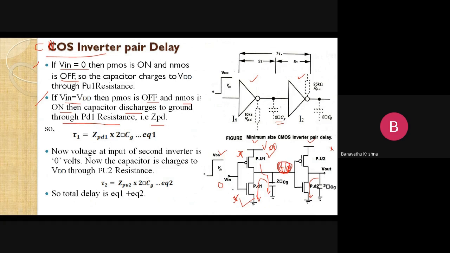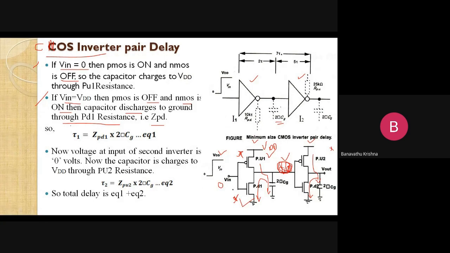That 0 will be applied at the second inverter, then the pull up transistor is going to be on and the pull down transistor is going to be off. So then the capacitor is going to be charged towards VDD through this pull up transistor. For the first case here, the capacitor discharges to the ground.